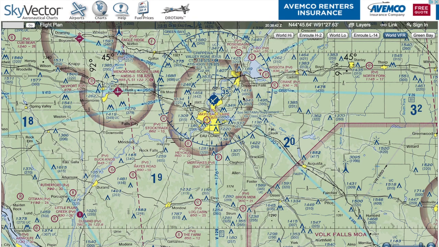Yes, I can, because at the surface, it's Class G airspace. Actually, the Class G goes all the way up to 700 feet, where it turns into Class E because of this magenta shading. But what if I wanted to continue my flight over here? Could I do that? The answer is no, unless I got authorization.